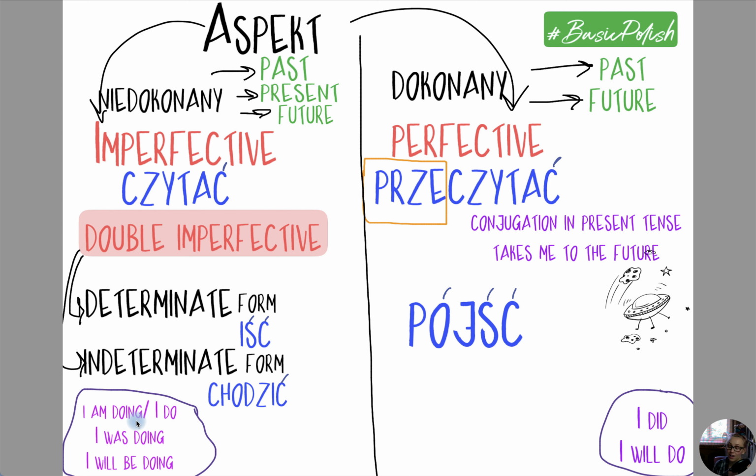So "-ing", this is the domain of these verbs, something these verbs are proud of. I am doing, I was doing, I will be doing, right? So in other words, we are focusing on the action itself, not whether it's done or will finish. We are looking at the action really here with imperfectives.